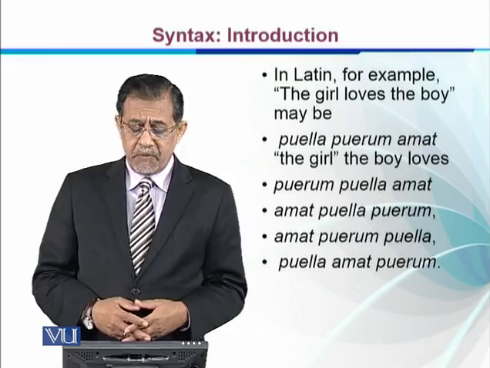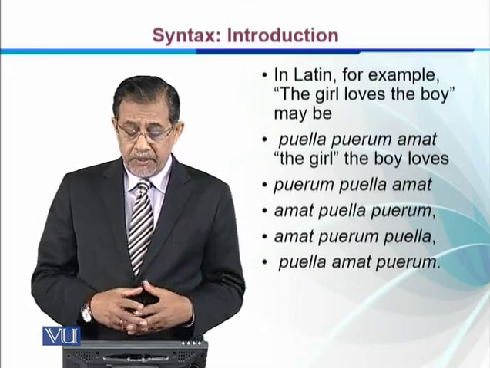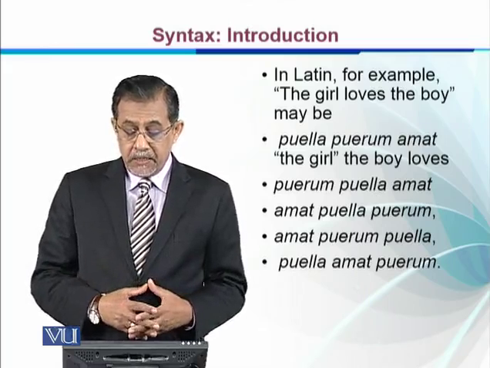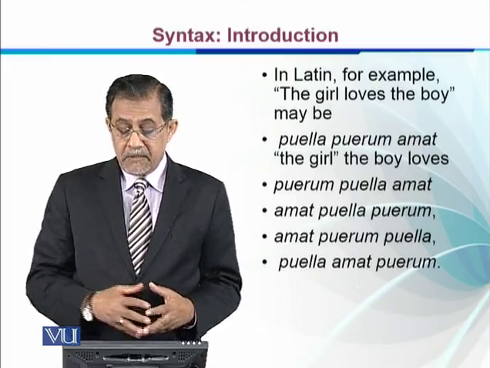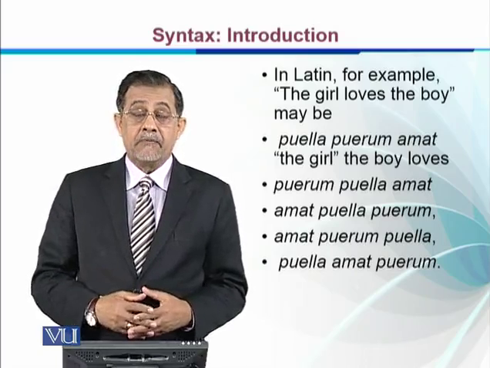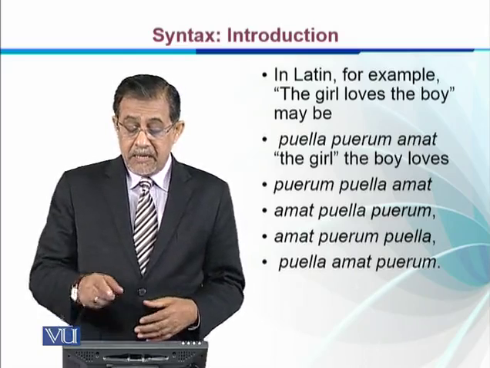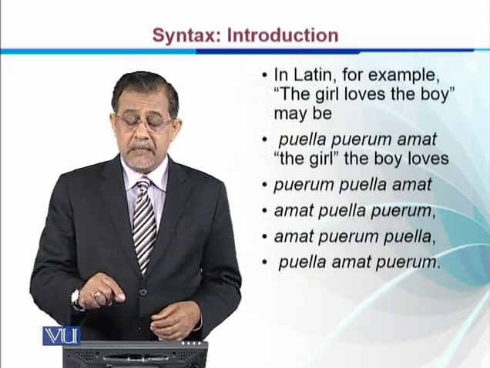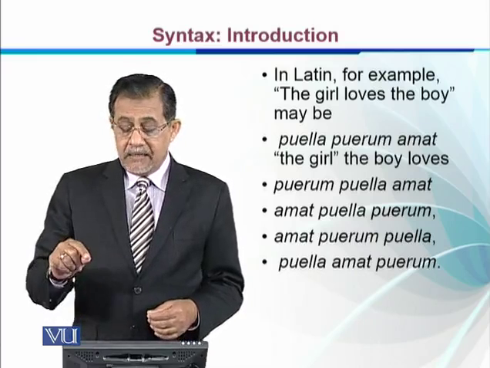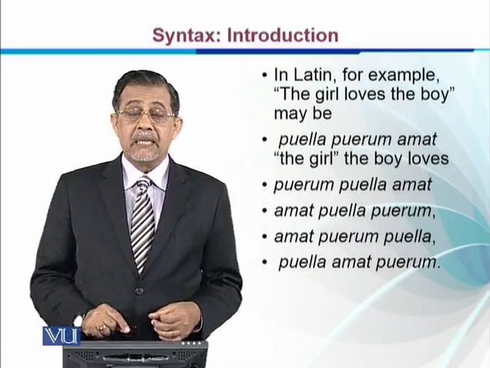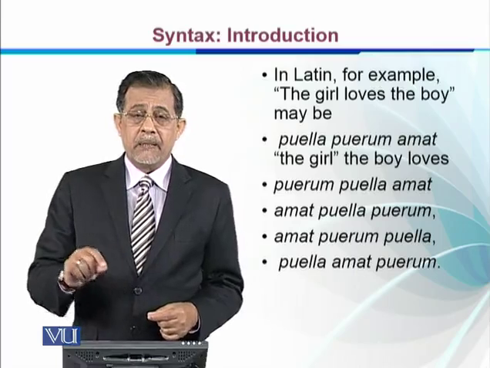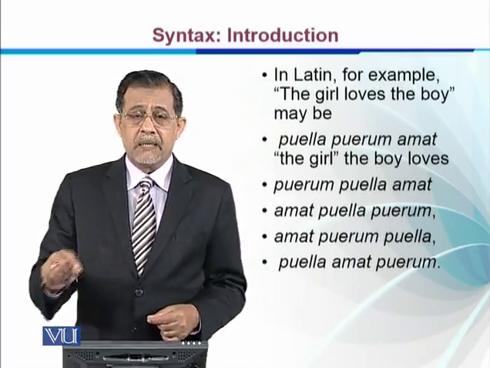Let's take this example from the Latin language. The girl loves the boy. Here the first word is girl, the second is boy, and amat is loves. These are singular nouns, and the suffixes on them tell us which is the subject and which is the object: a singular boy, a singular girl, and the verb.